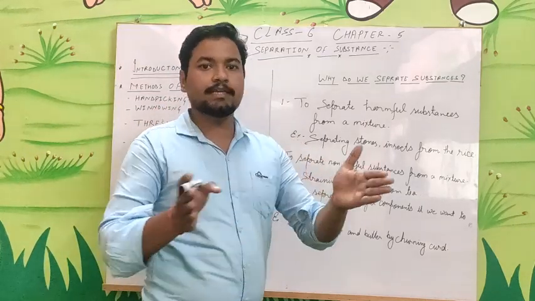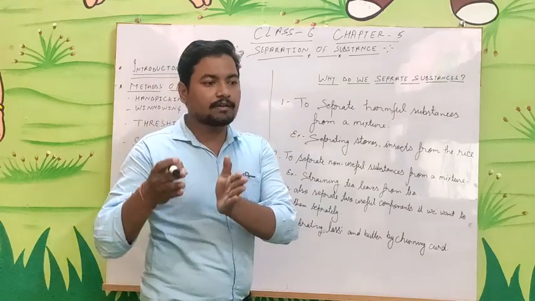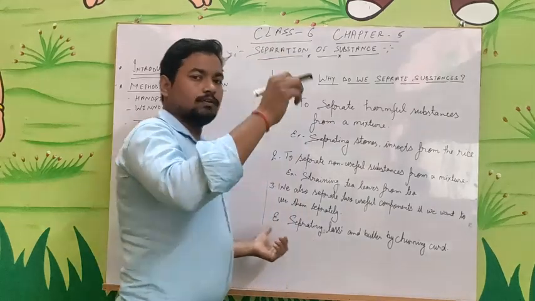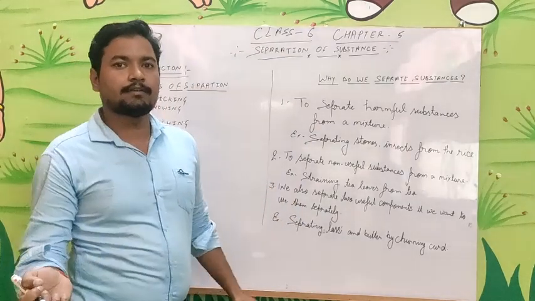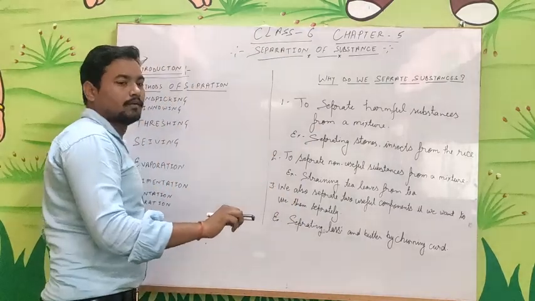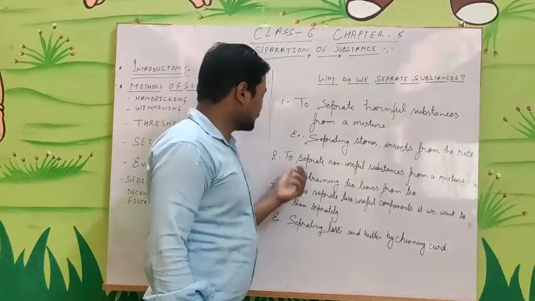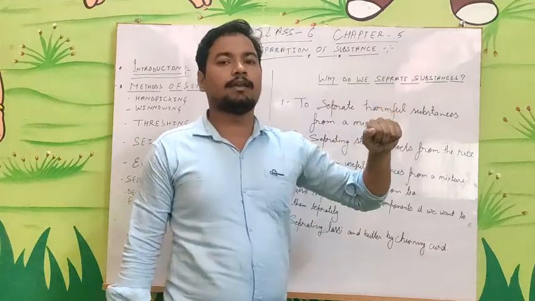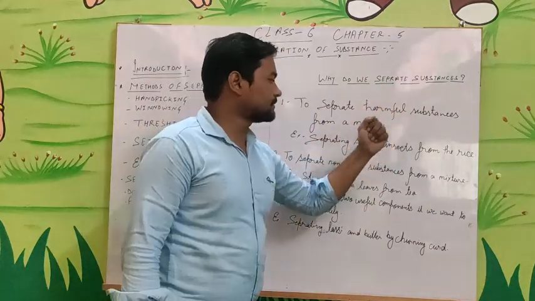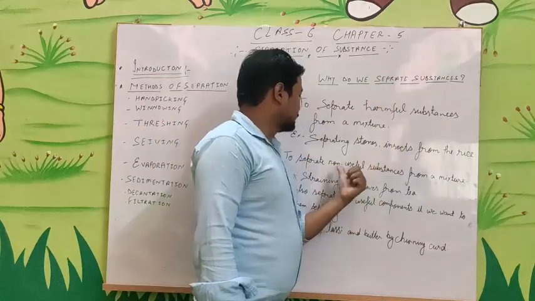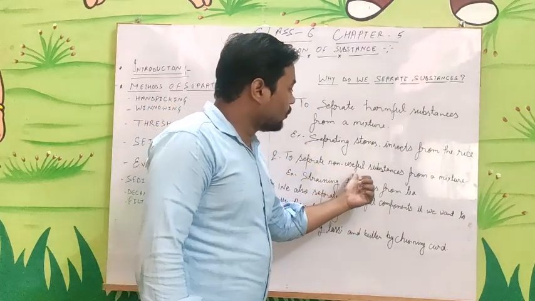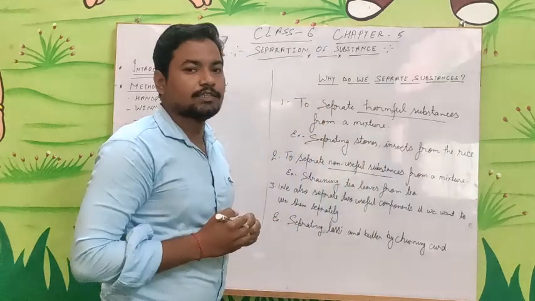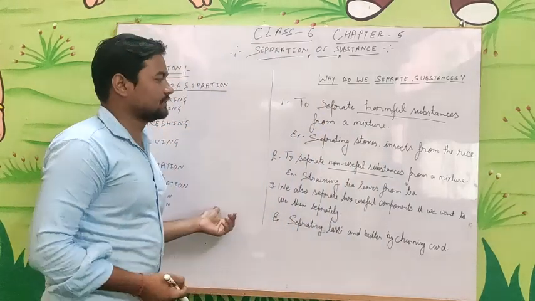We can separate them easily and both are useful for us. Iron filings can be used, and salt can be used. So there are three types of separation we can do in our life. First, harmful substances. Second, non-useful substances. Third, two or more components.